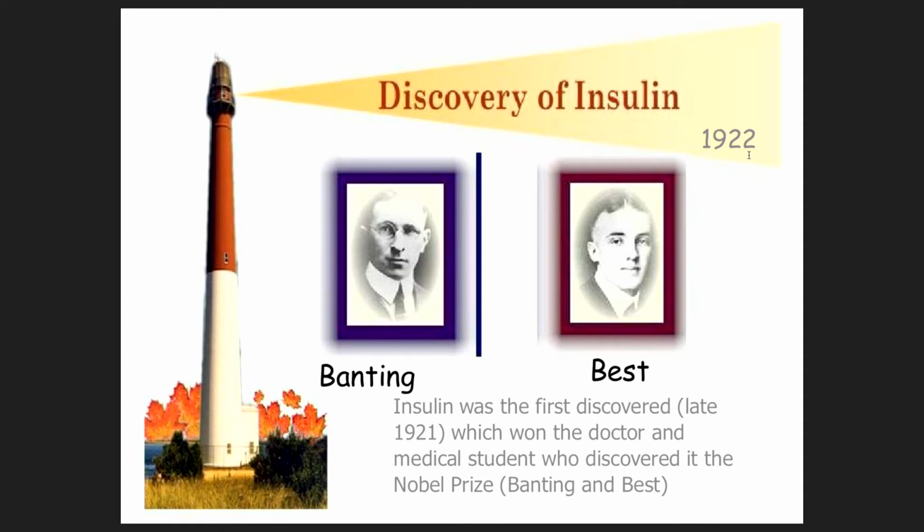From 1922 till this year, 2020, there has been nothing else to treat type 1 diabetes apart from insulin. So insulin is still the main therapy, almost one century after its discovery.